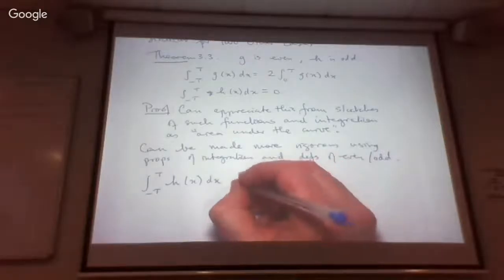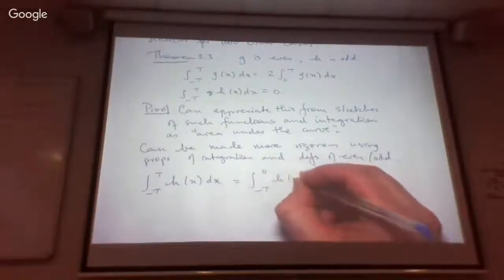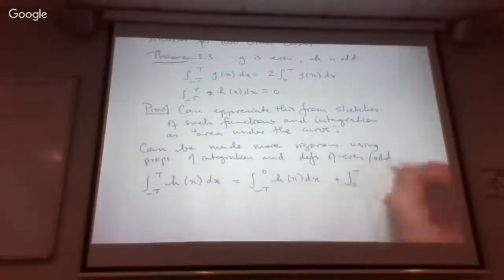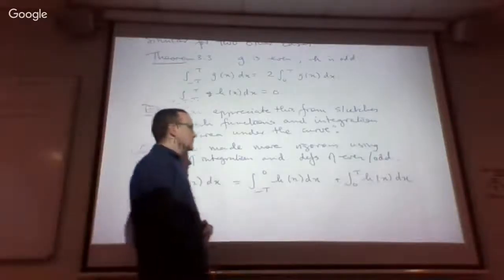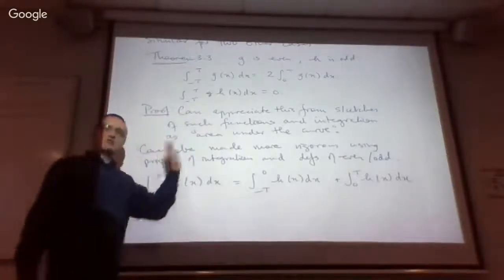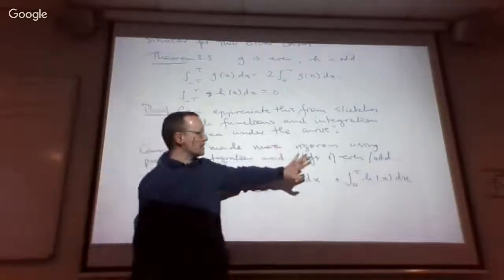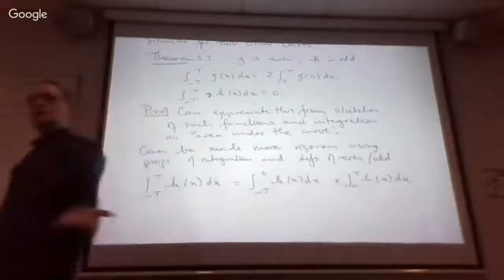So the first step would be to split the integral up. You want to integrate it from minus t to t. You integrate from minus t to 0, and you integrate from 0 to t. Now we're trying to prove this is equal to 0, so already it should be clear what we're going to try and do. We're trying to prove that this is the negative of that, so when you add them together, you're going to get 0.